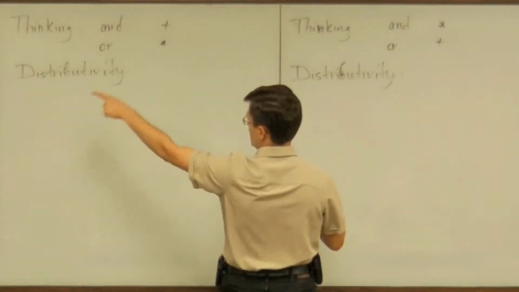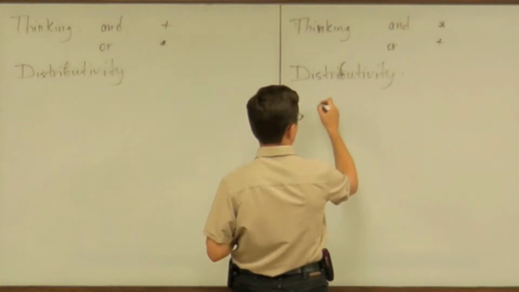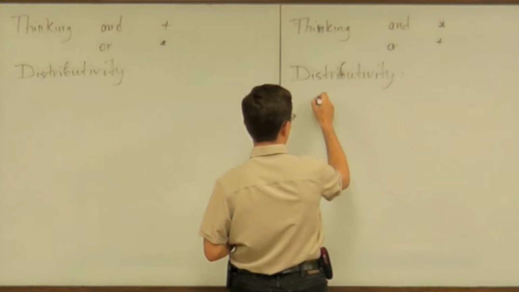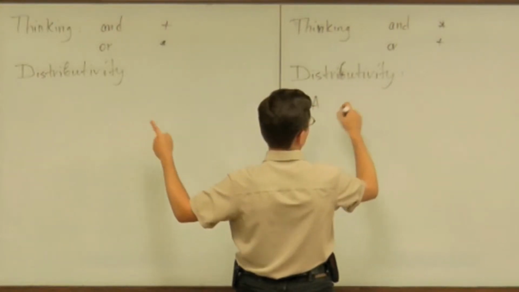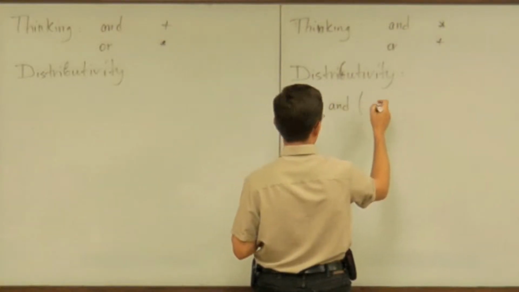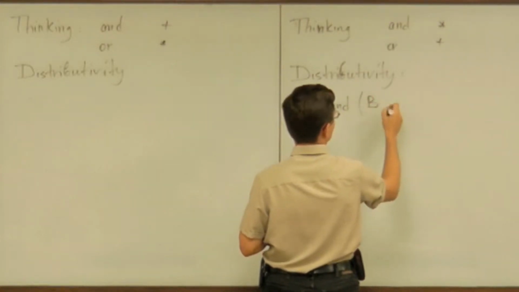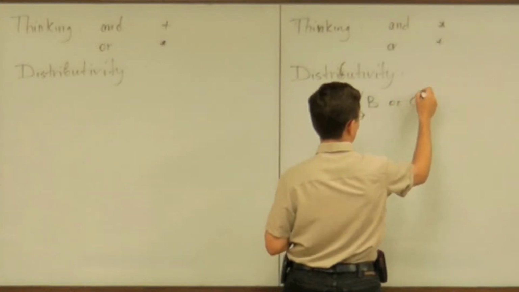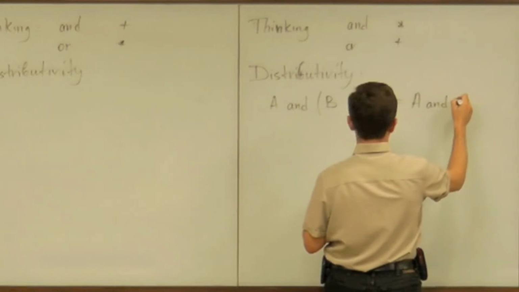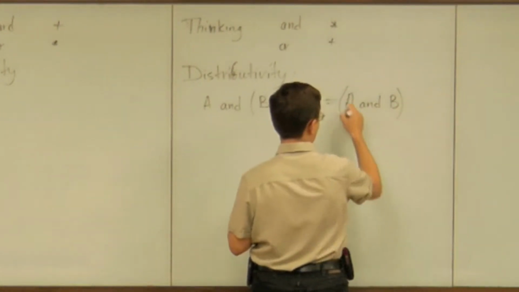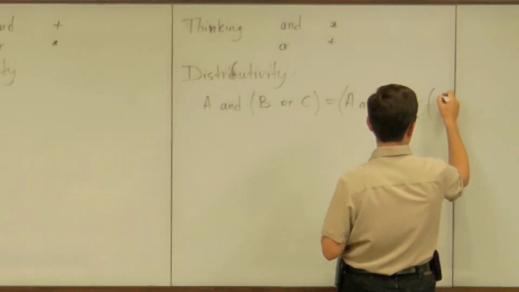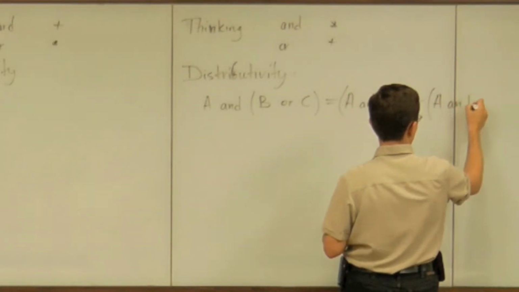So distributivity means that you have statement A, then thinking of multiplication as and, B or C should be the same as A and B, or A and C.